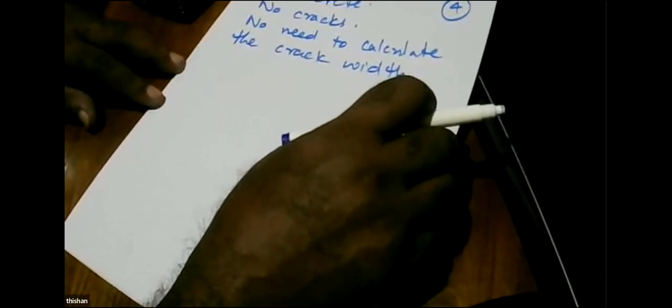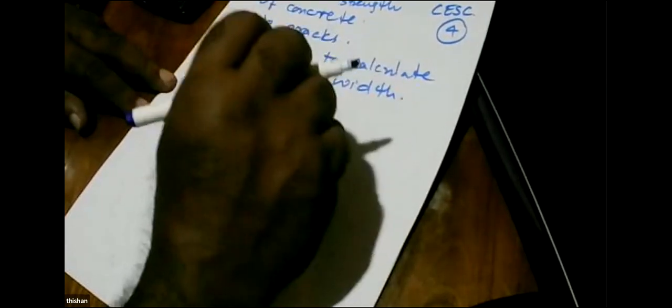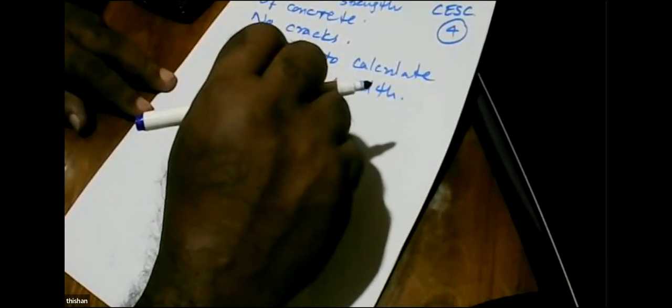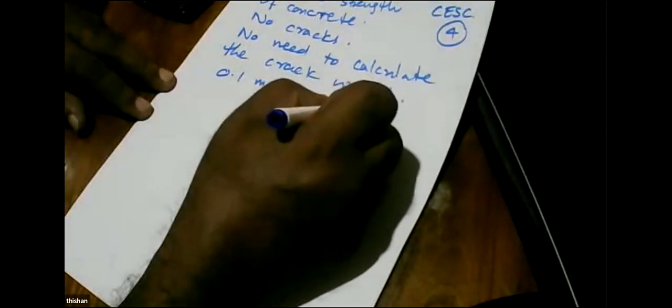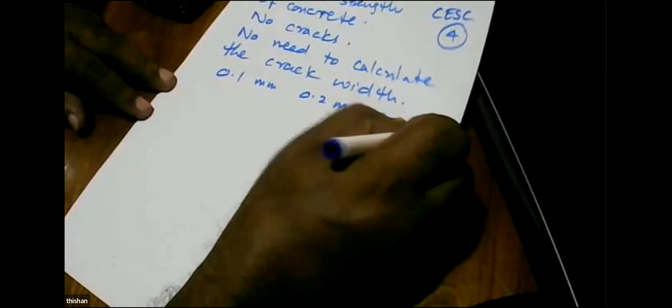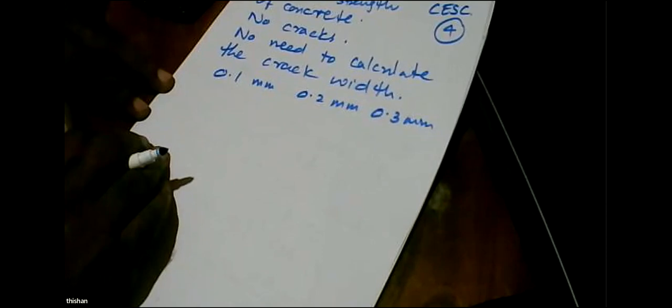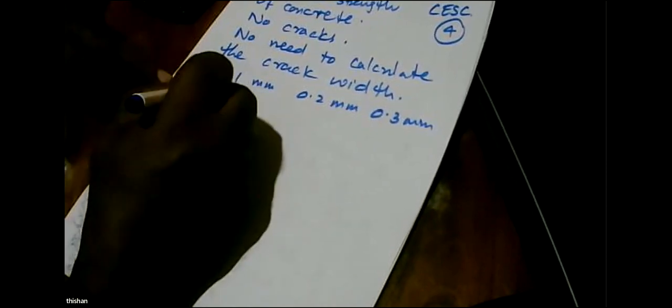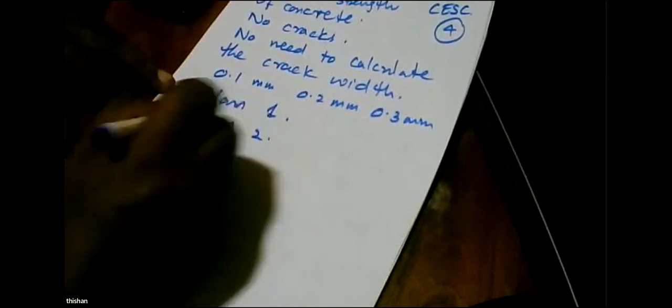But on the other hand, you can stretch it a little more, allow some tension and allow it to crack, and you can even limit the crack width to 0.1 millimeters or 0.2 millimeters or 0.3 millimeters, depending on the type of environment. All these were allowed in the British code as well, where we define class 1, class 2, and class 3.